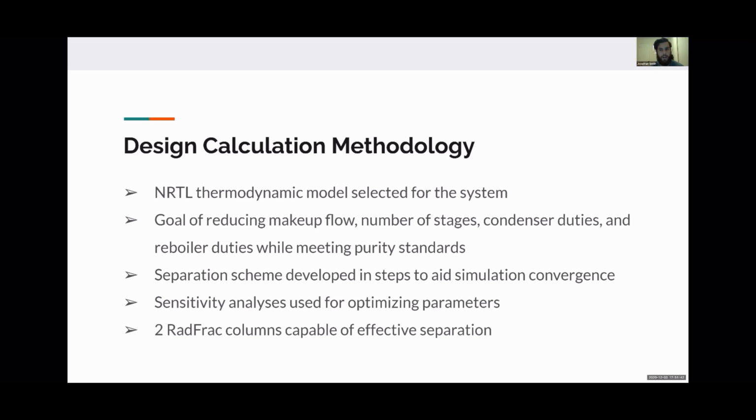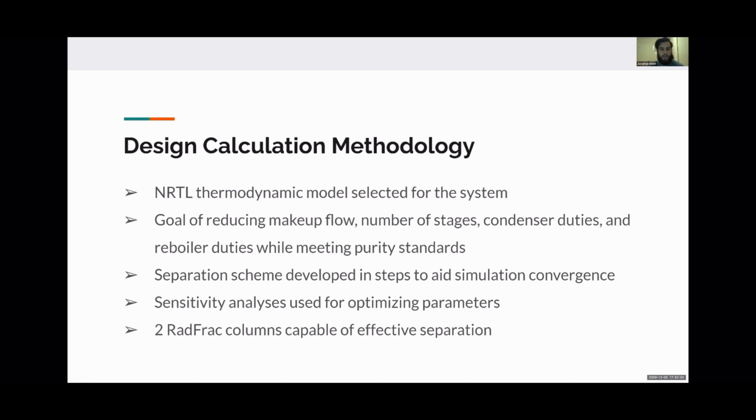Activity coefficient based models are much better at this than other models. And then based on the literature and based on the CME 415 coursework, the NRTL was deemed the best model.